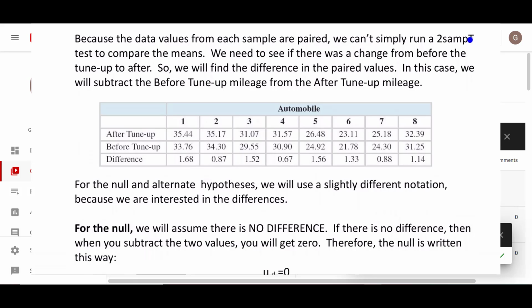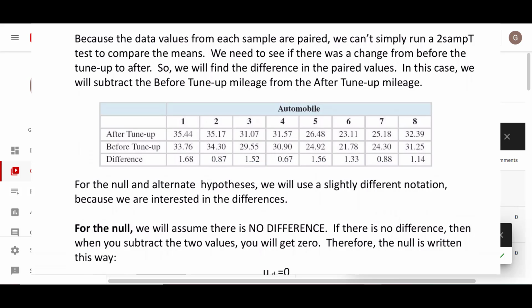And you're using the t statistic, so it's a two sample mean test with a t statistic. But in order to do it, technically you need to find the differences in the paired values. So you would subtract each one of these. Now that obviously takes a while, but our Rguroo will do all of that for you, so you don't have to worry about actually finding the differences.